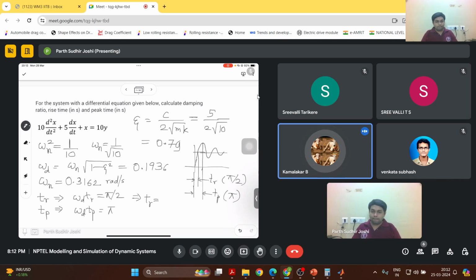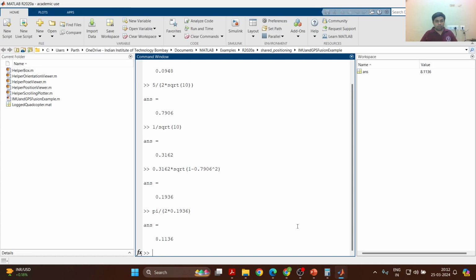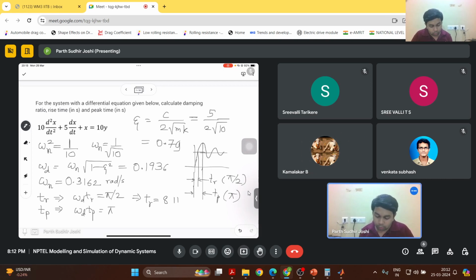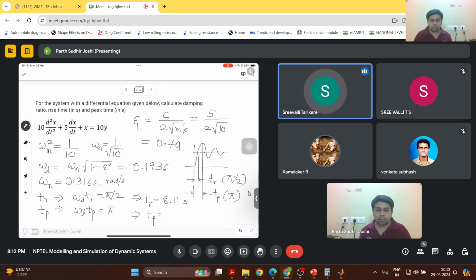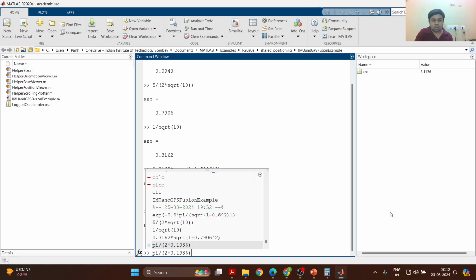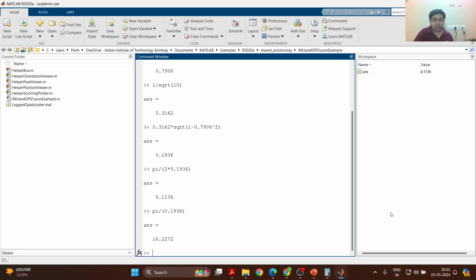So 0.1936 into TR equals 3.14 by 2. I am getting 8.11 seconds. TR is 8.1 seconds, TP is 16.2 seconds. Yeah, I'm also getting the same thing.